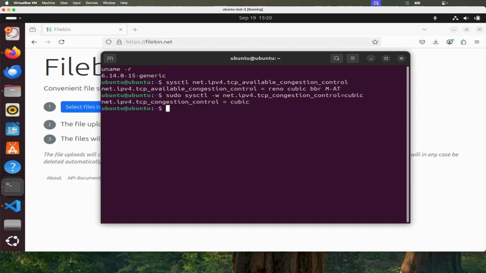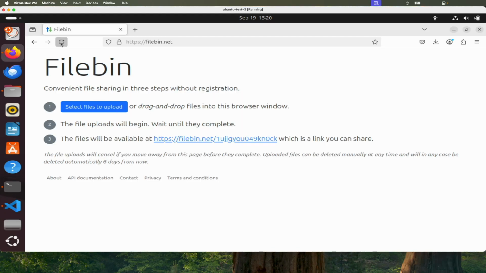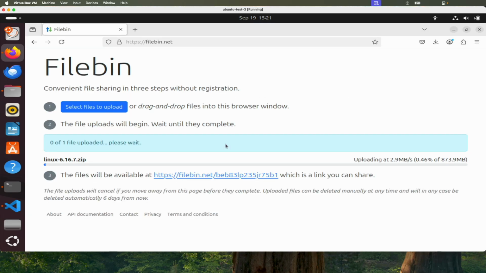Now Cubic, let's refresh the page. The speed is decreasing and it's adjusting the speed according to the conditions of the network. Now the connection is stalled, so it's not progressing.